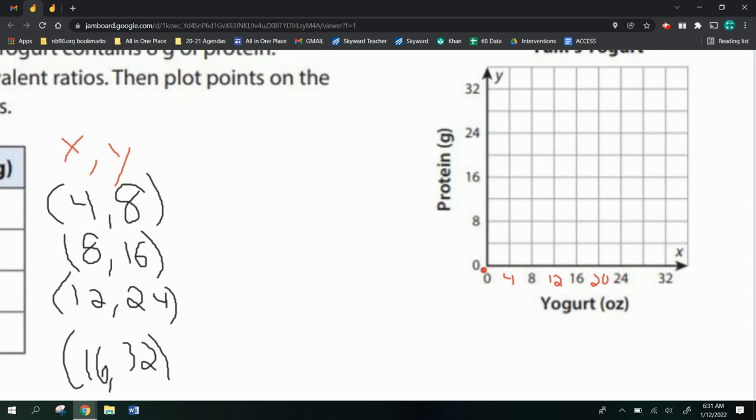So 4, 8. Always starting at the origin, you go to the right. In this case, 4. Notice that I'm not hopping 4 times and going to 16. I'm just going to the 4. So going to 4 and then up to 8.